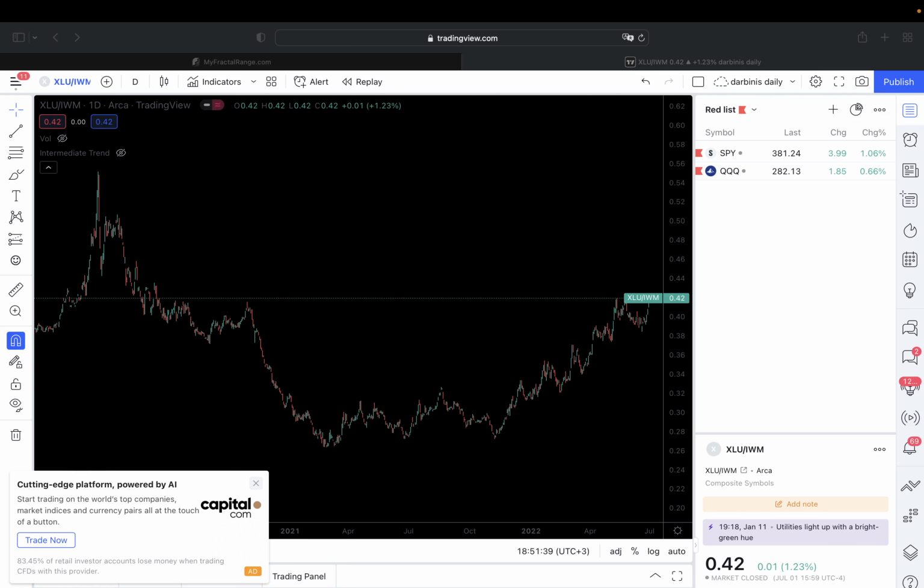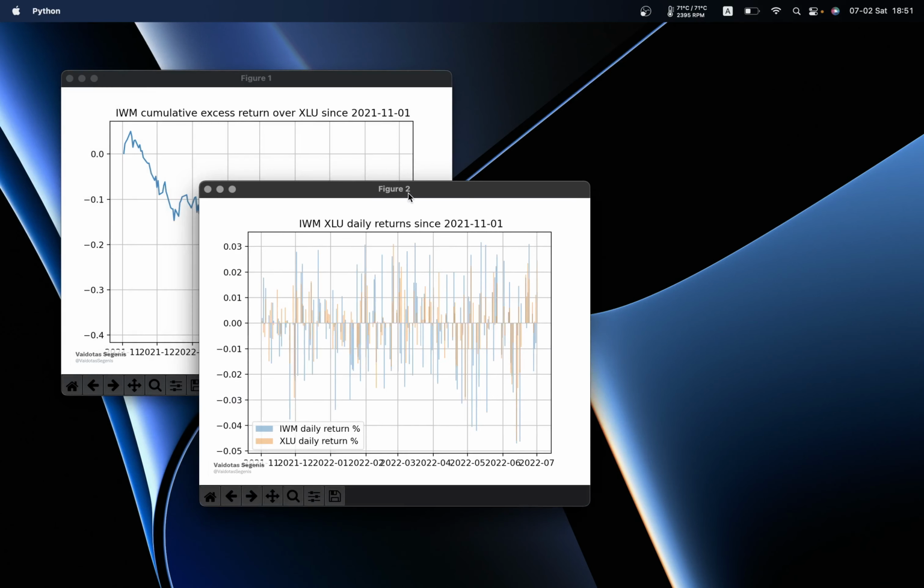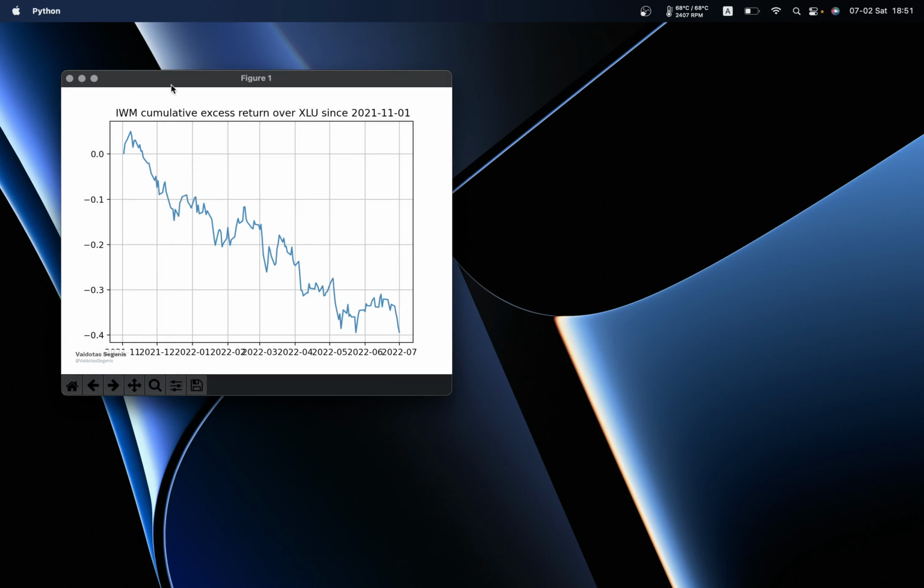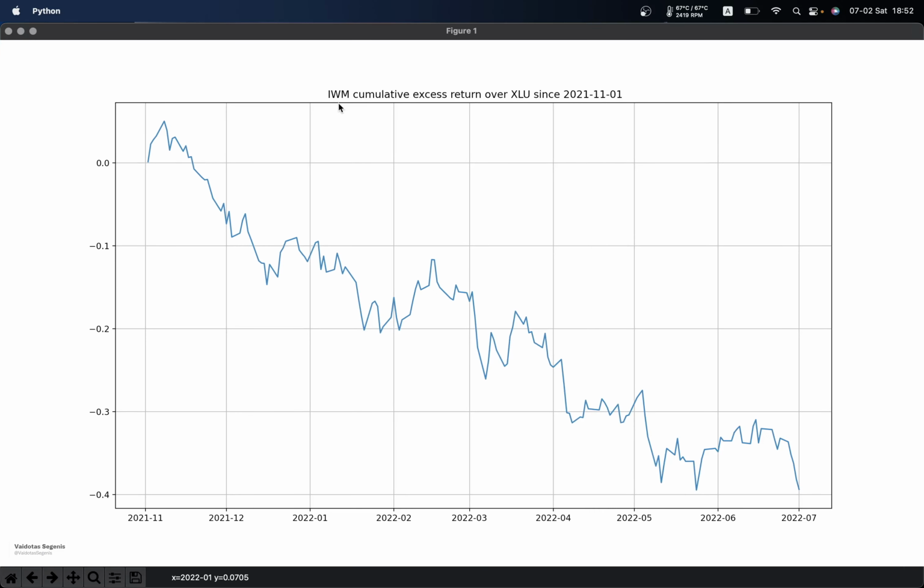So I will show you a chart from November 1st 2021 till now of IWM versus XLU cumulative excess returns. So here is the chart. Of course, IWM versus XLU and not vice versa. If it was vice versa, the chart would go up. But you can see that it's 40% starting from November 1st, 2021.